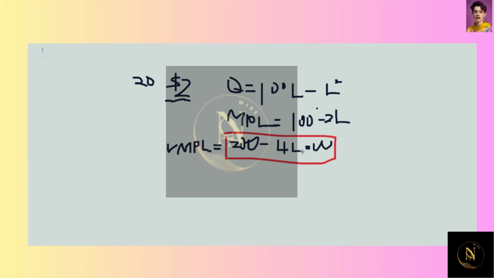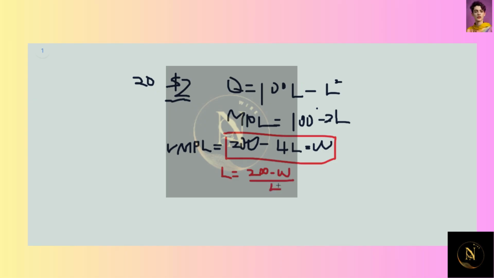And what is the market's labor demand? So if we rearrange this equation, we get that L equals 200 minus wage divided by 4.